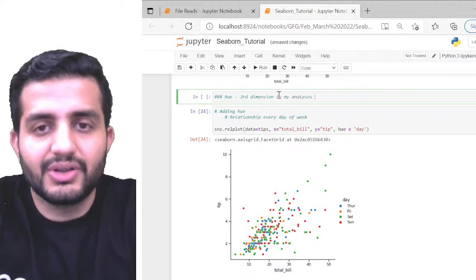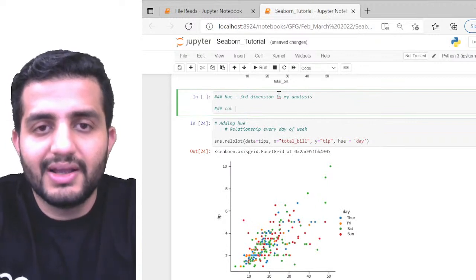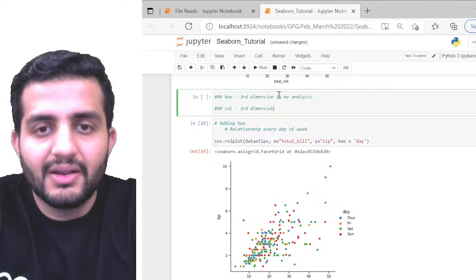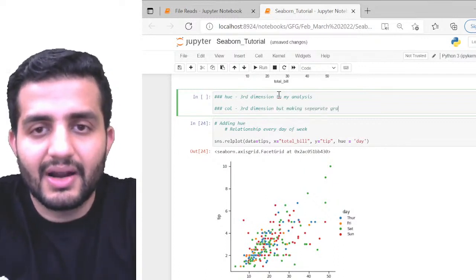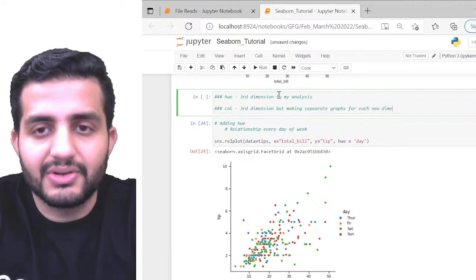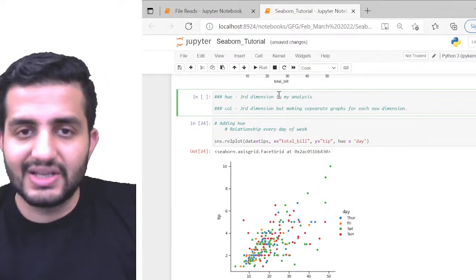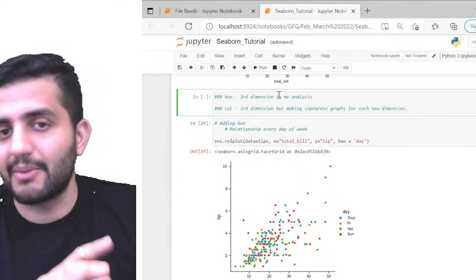And col is again doing the third dimension only, but making separate graphs for each new dimension. That's the difference. I'm just giving you the very core meaning of these hyperparameters. This is very important. I'm telling you, these two are very good and interesting hyperparameters.